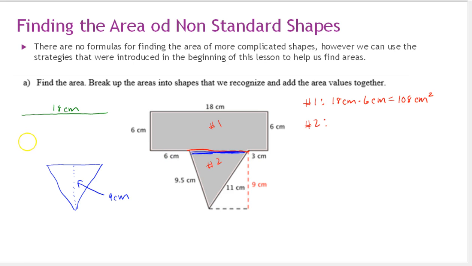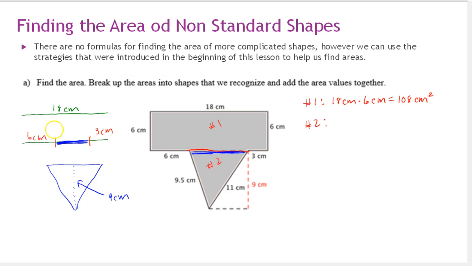Down here, we have that same length, but it's cut into 1, 2, 3 pieces. One of the pieces is 6 centimeters. This little piece to the right is 3 centimeters. And the piece we're looking for is the middle piece, which we don't know.